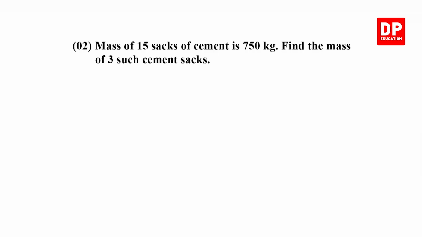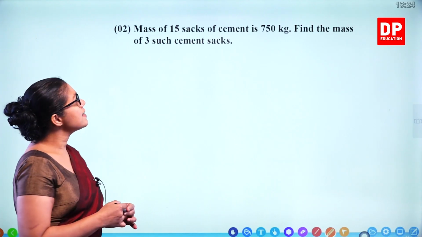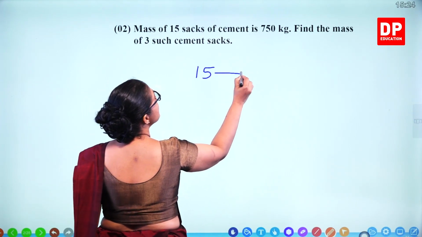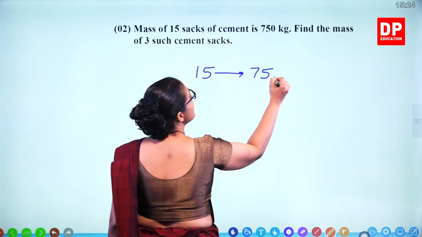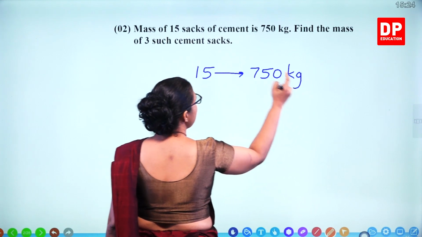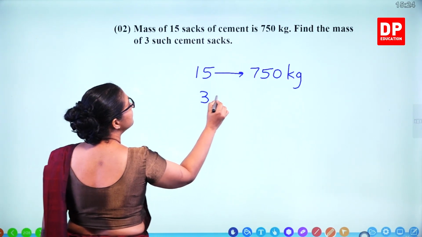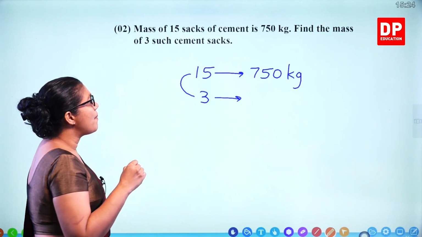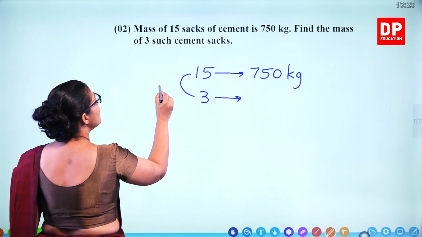Question number 2. Mass of 15 sacks of cement is 750 kilos. Find the mass of 3 such cement sacks. 15 sacks, 750 kilos. What about 3? So can you see? This is divide by 5. You do the same thing.